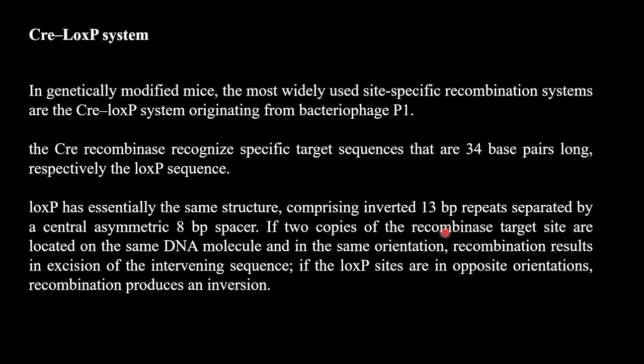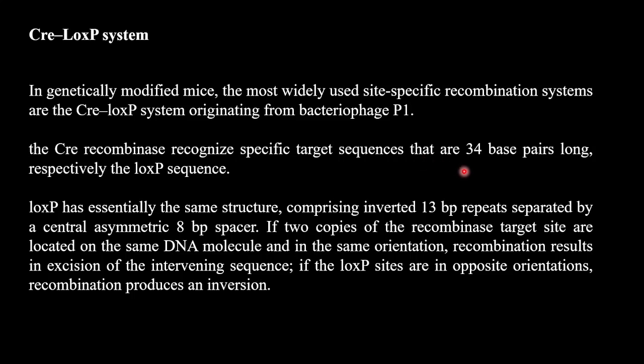Now the very important example is the Cre-Lox system. This is the system originated from the bacteriophage P1, which is a virus that infects the bacteria. So there is a Cre recombinase enzyme which recognizes, in this Cre-LoxP system, a particular target sequence.